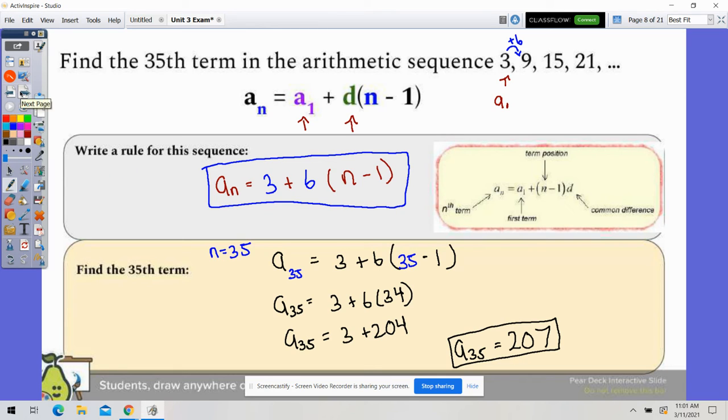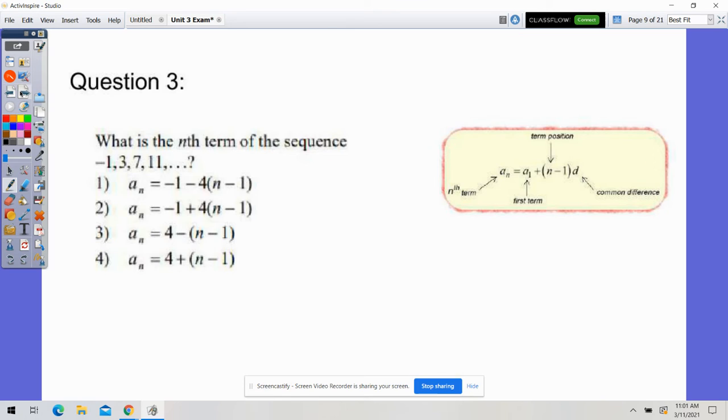Now, let's move on. Again, feel free to pause at any time. You can go back. Here's question 3. What is the nth term of the sequence -1, 3, 7, 11?